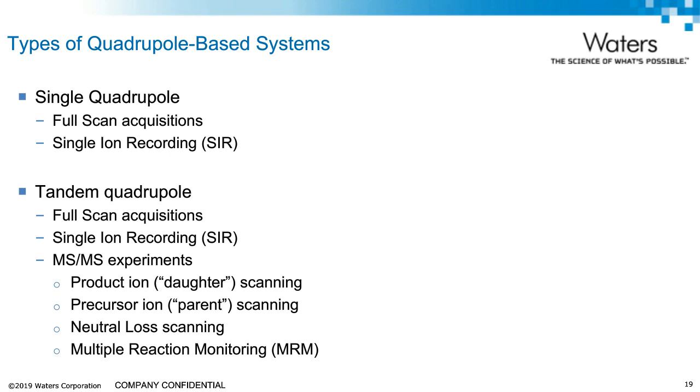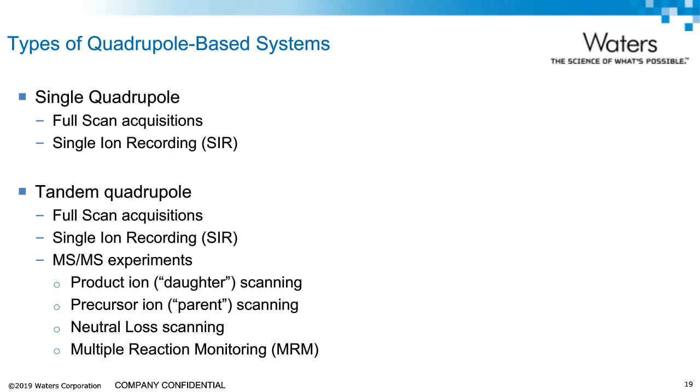These can include fragmenting a precursor molecule to look at the resulting product, monitoring a specific product to find its precursor, looking at the effect of a loss of a neutral portion of the molecule, or lastly, looking at a specific precursor to product combination known commonly as an MRM transition.